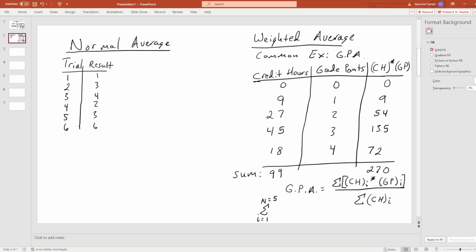Now, we start with the normal average, and let's suppose these are the results of rolling a six-sided die. Okay. And so I've rolled my die 6 times, trials 1, 2, 3, 4, 5, and 6. And my results are 1, 3, 4, 2, 3, 6. And I want to know what the average of these rolls is.